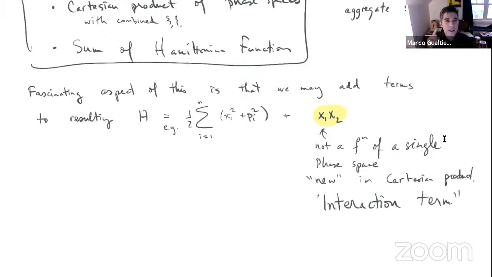Okay, because it depends upon the joint state of two components of the system. It does not depend only on the state of the first particle or only on the second particle. You see what I mean? It depends on the joint position of the two. And it's precisely that idea which tells you that there's an interaction between the two systems.